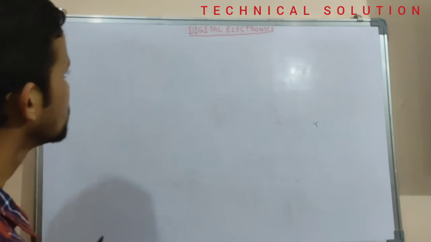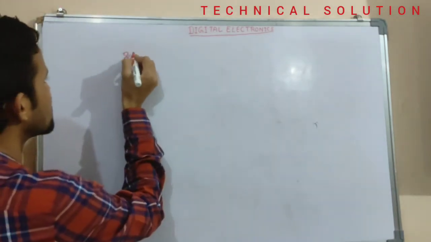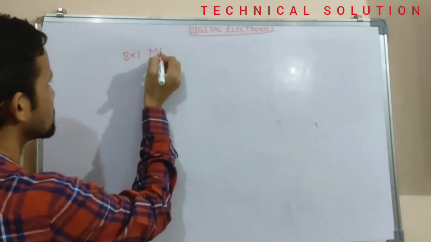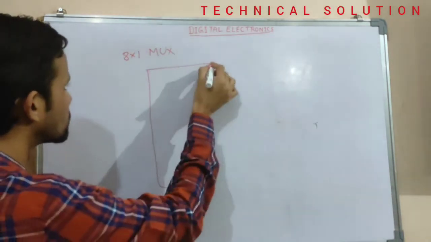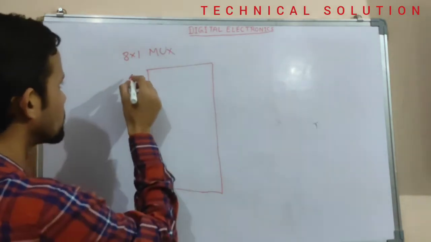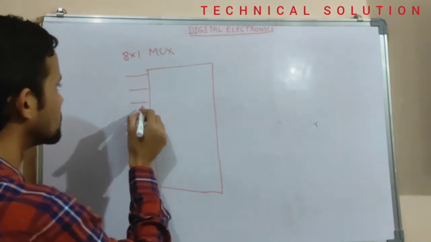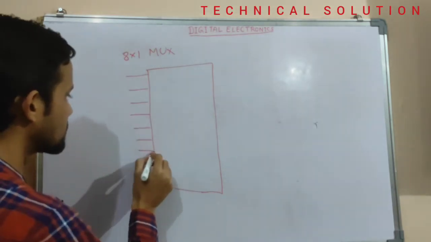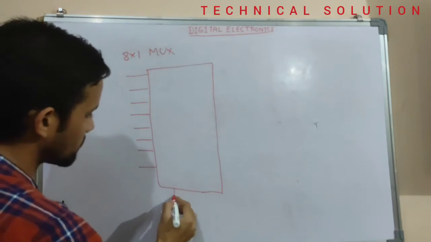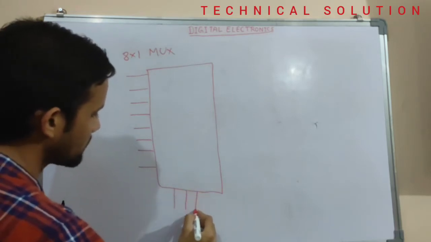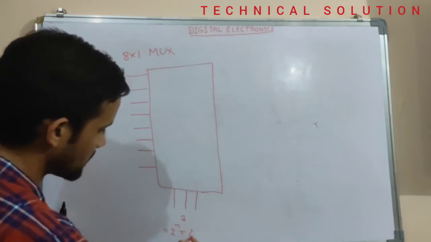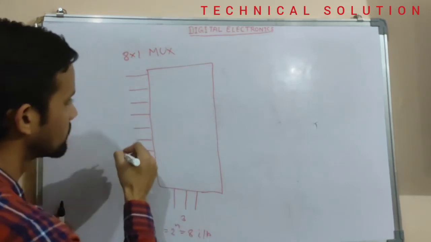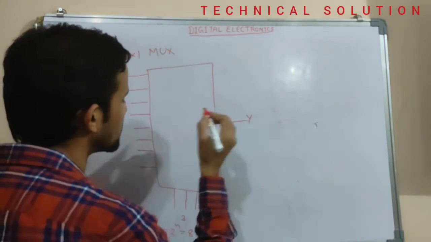Let us take one more basic mux, that is the 8x1 mux, in which there are 8 inputs and 1 output. It must have 3 selection lines, because 2 to the power n, that is 8 inputs, are present here, and 1 output, that is y.